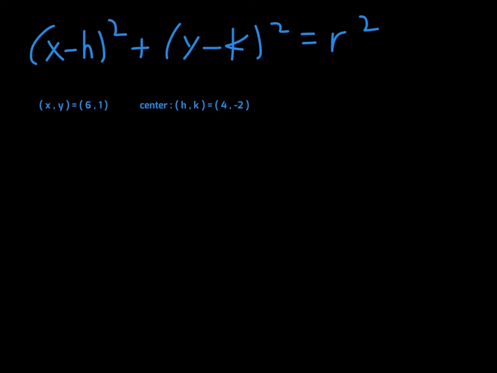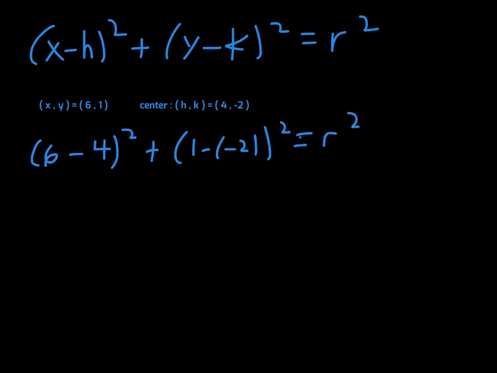All right, let's plug our stuff in, shall we? So then this is going to be 6 minus 4 squared plus 1 minus -2 squared is equal to r squared. All right, did you guys catch what I did? This is x minus h.